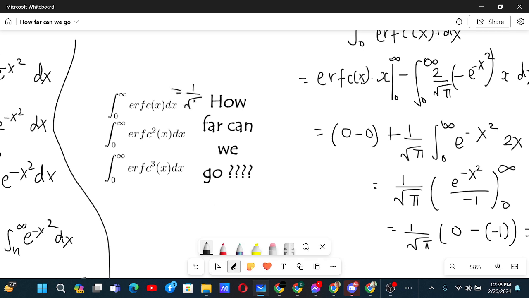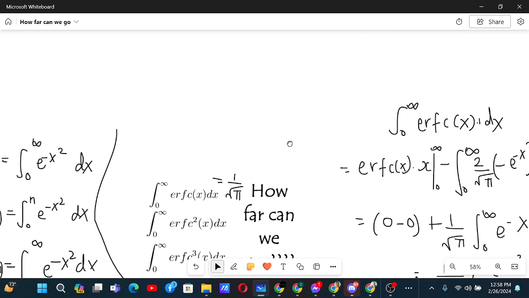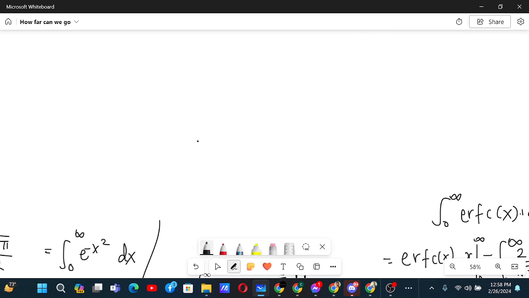Now let's go to the second integral, the integral from 0 to infinity of erfc whole squared of x dx.